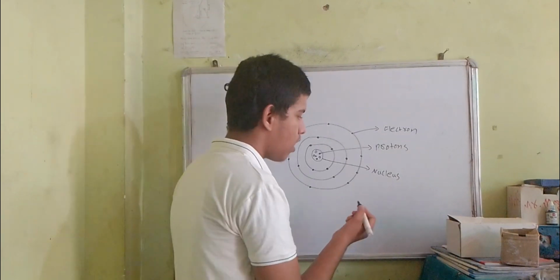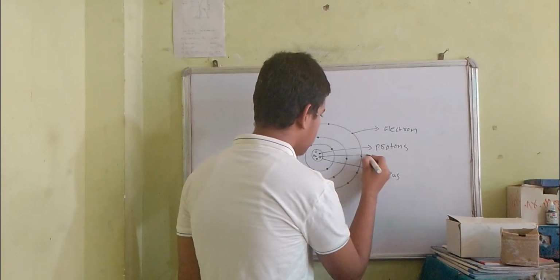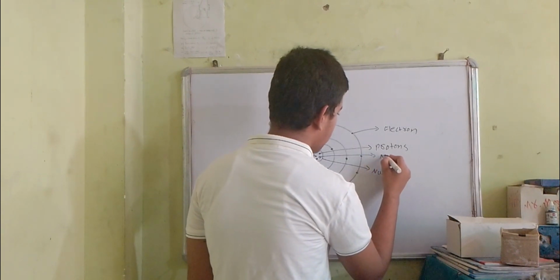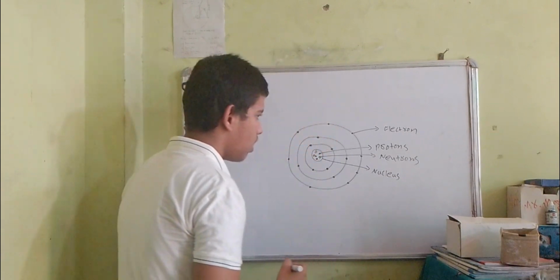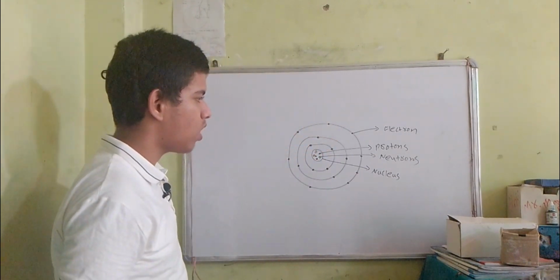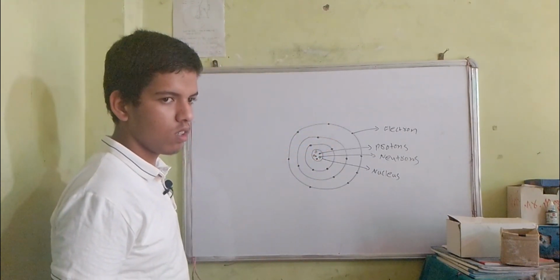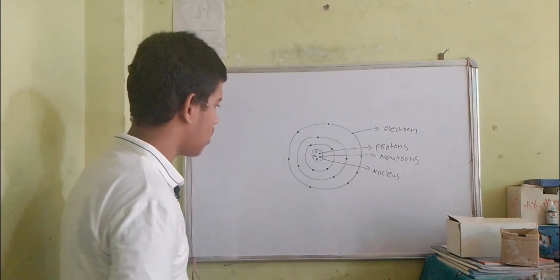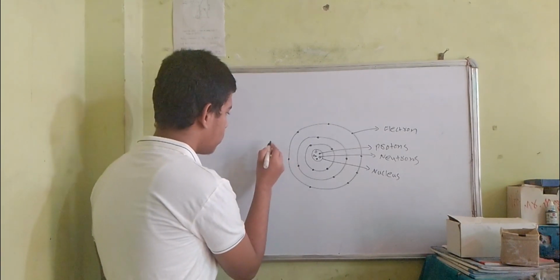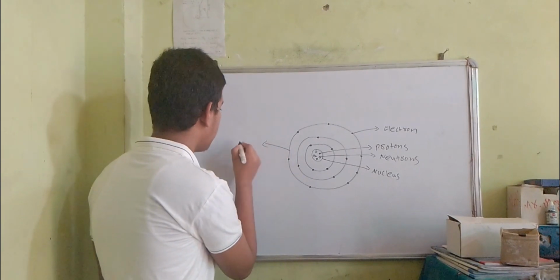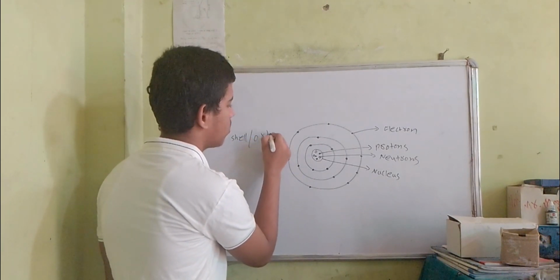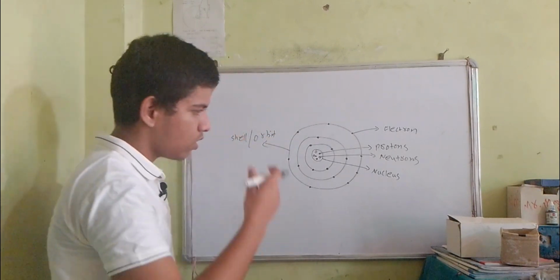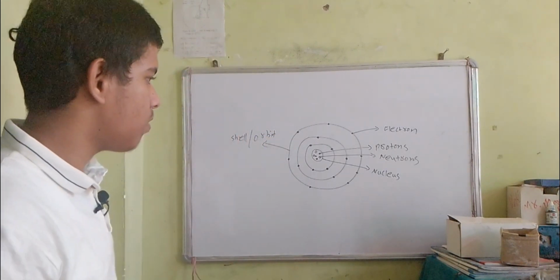And what is this called? This is a shell or orbit, you can call it either. So this is the structure of an atom.